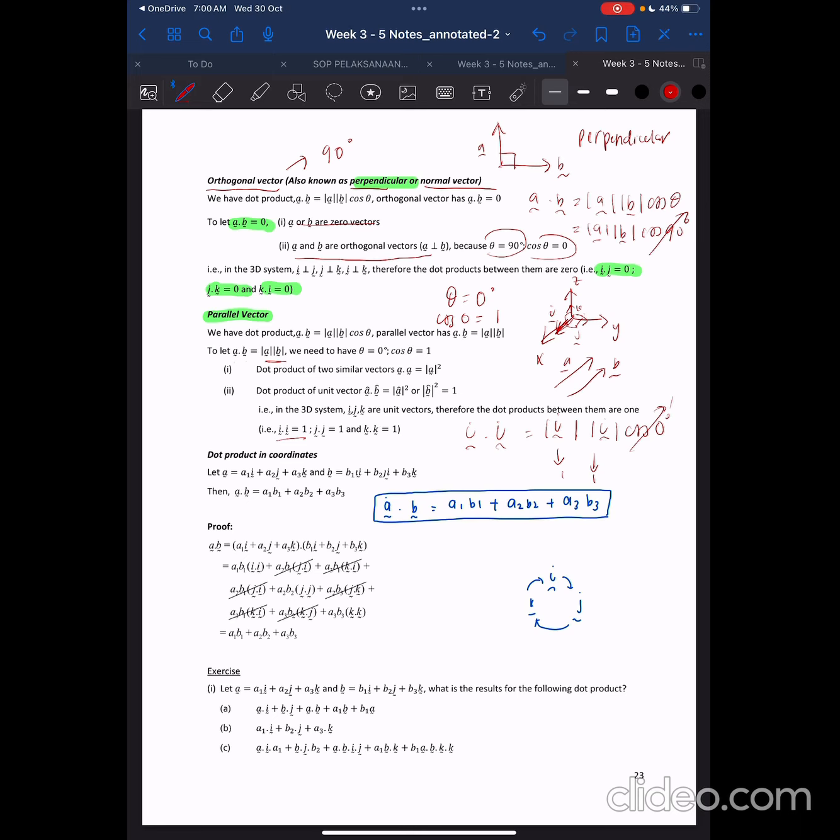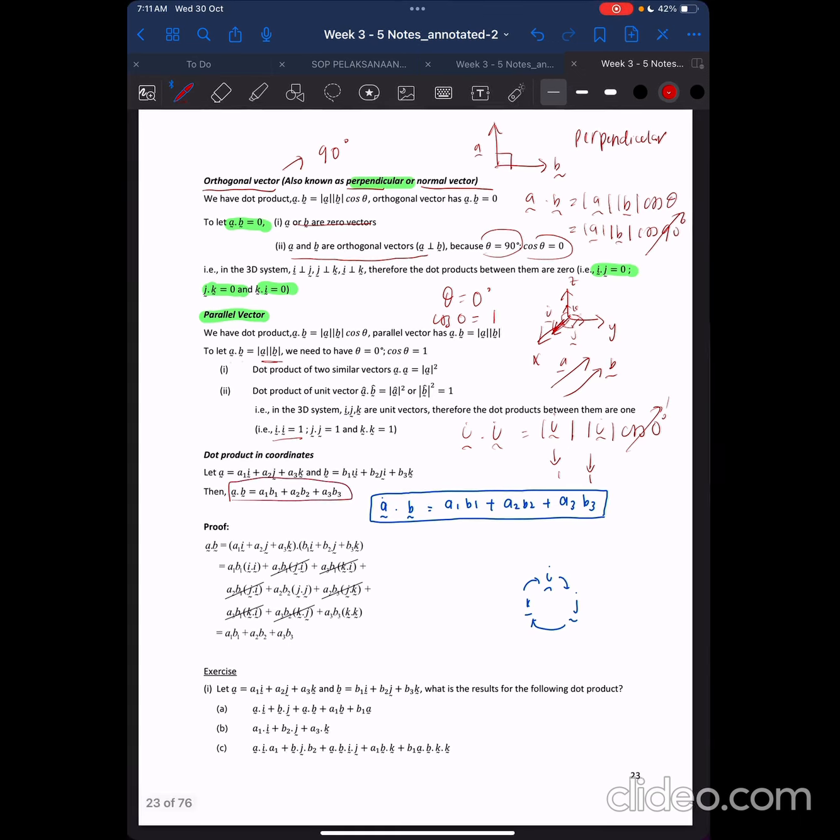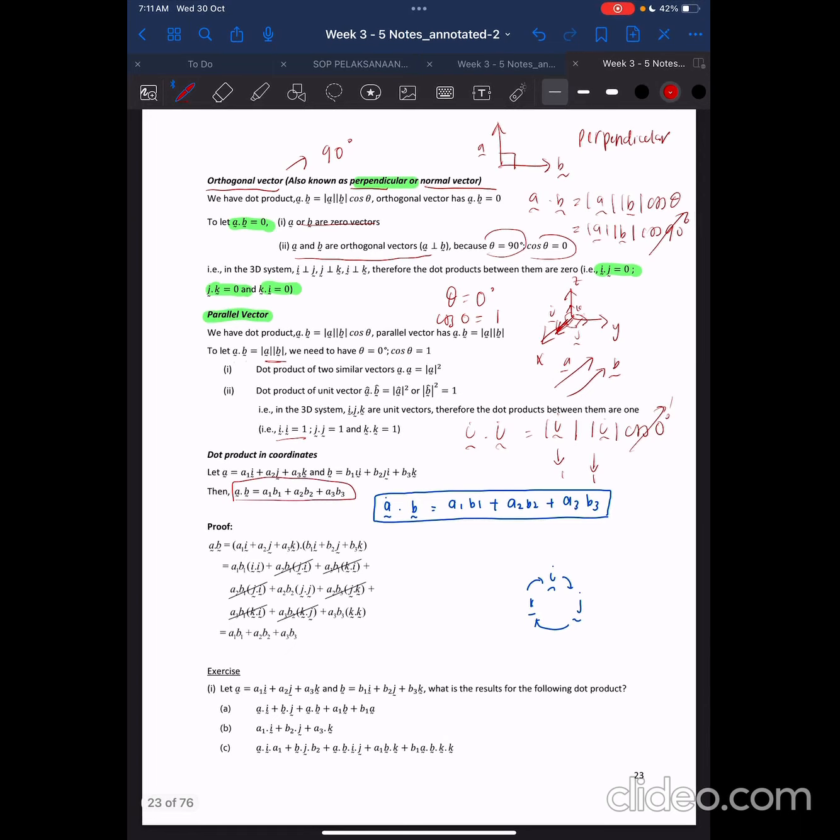Okay, so hold on. Okay, I continue a bit. How we get from a dot b, how we get it becomes scalar like this. So let's break it down here. So the a vector is a1i, a2j, and a3k, dot with vector b, b1i, b2j, and b3k. And then we multiply like normal.